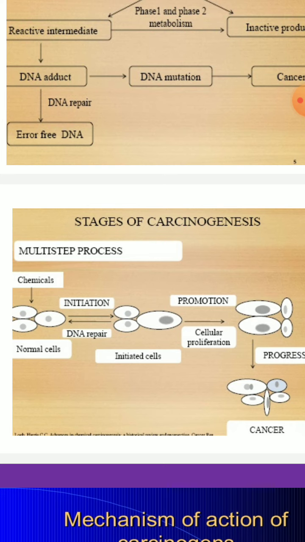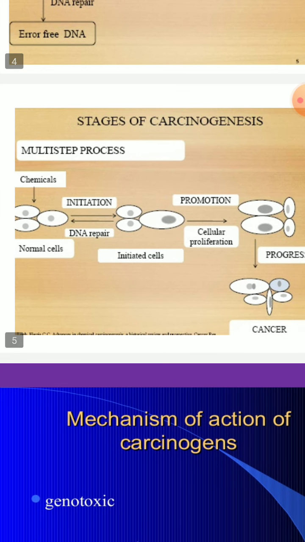Then it leads to promotion, that is cellular proliferation, and then progression, resulting in the formation of cancer, with normal cells converted into cancerous cells. These are the stages of carcinogenesis.